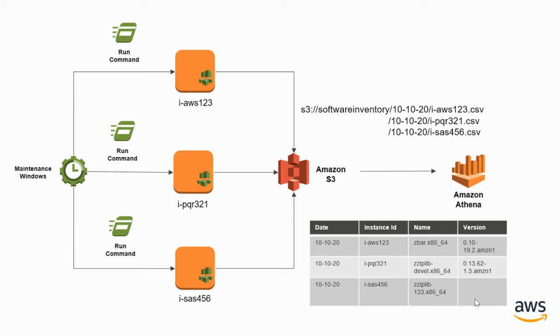Okay. So this is the complete architecture, and to create this architecture, I took help of CloudFormation. In my CloudFormation template, it creates the maintenance window and the document, and it registers that document to the maintenance window. It also says on which EC2 instances the document will be executed.